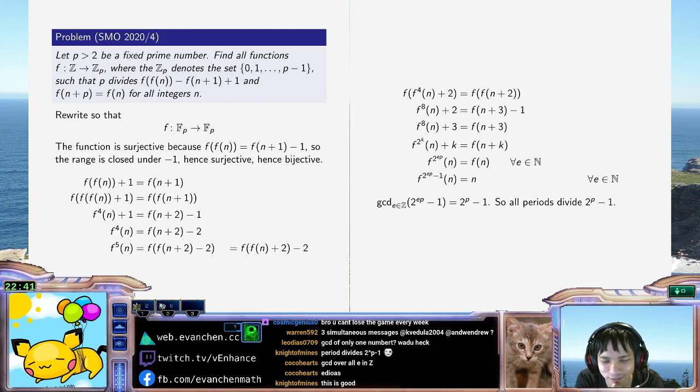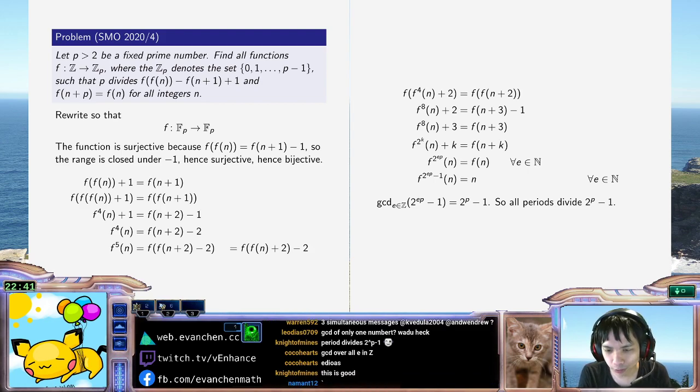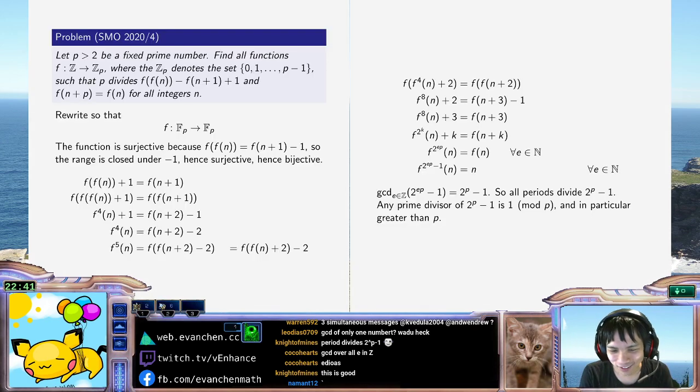And 11... Wait, hang on. What's the smallest prime divisor of 2 to the p minus 1? Well, sorry. Any prime divisor of 2 to the p minus 1 is necessarily 1 mod p, and in particular greater than p. So all fixed points.